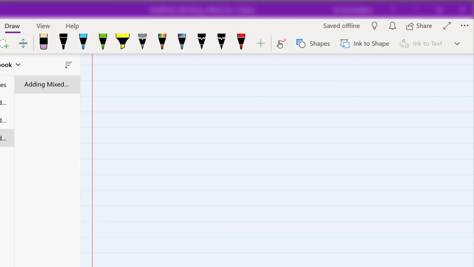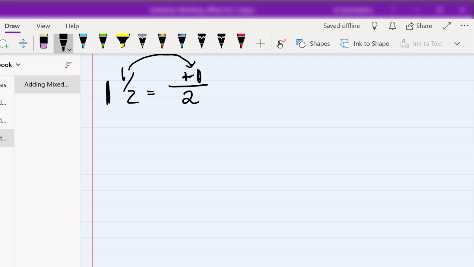There's a little trick I learned to convert a mixed number, such as 1 and 1/2, into a fraction. We write the bottom 2, we write the top 1, which comes from here. And then to get this part, we say 2 times 1, which is 2.